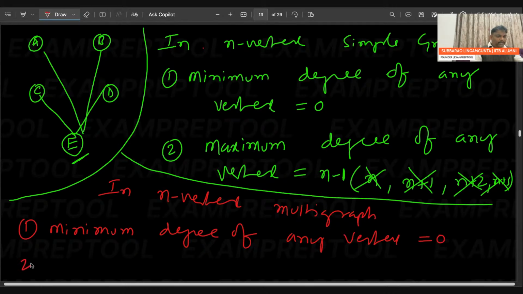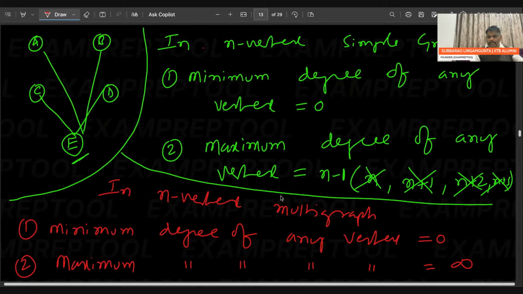But what about maximum? See the answer. The maximum degree of any vertex is infinite, no boundary. You can keep self loops, you can keep parallel edges, many parallel edges you can keep.